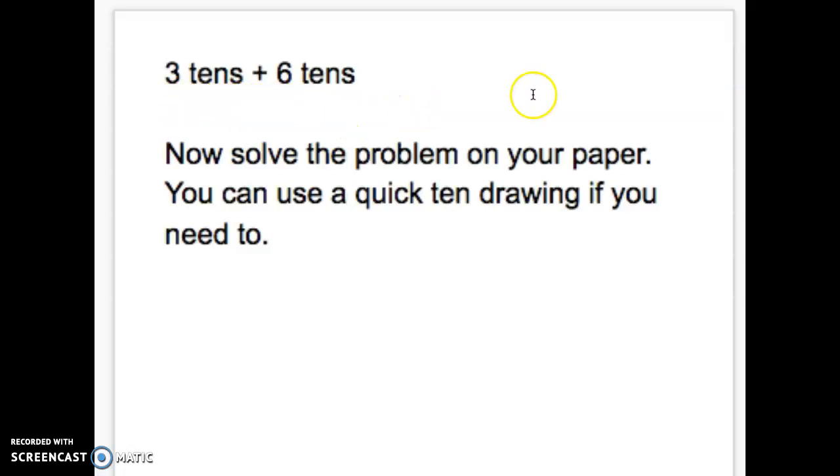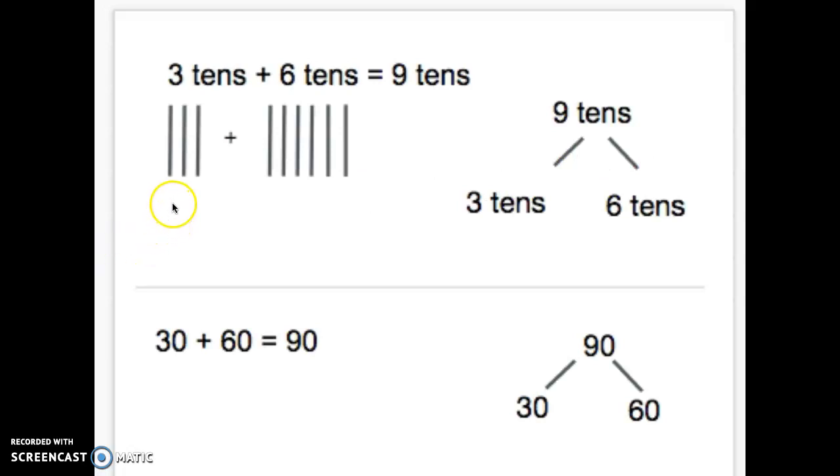Now, solve the problem on your paper, and you can use a quick 10 drawing if you need to. Here's the quick 10 drawing. 3 tens plus 6 tens equals 9 tens. Remember, the number bond is a part, 3 tens plus another part, 6 tens, equals your whole, 9 tens. The regular way is 30 plus 60 equals 90.